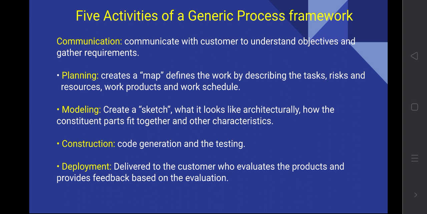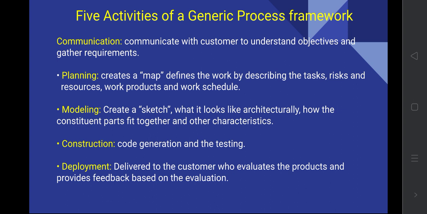Deployment delivers the product to the customer, who evaluates it and provides feedback based on the evaluation. Users use the product in different ways, and they give feedback on what they felt about the product working.